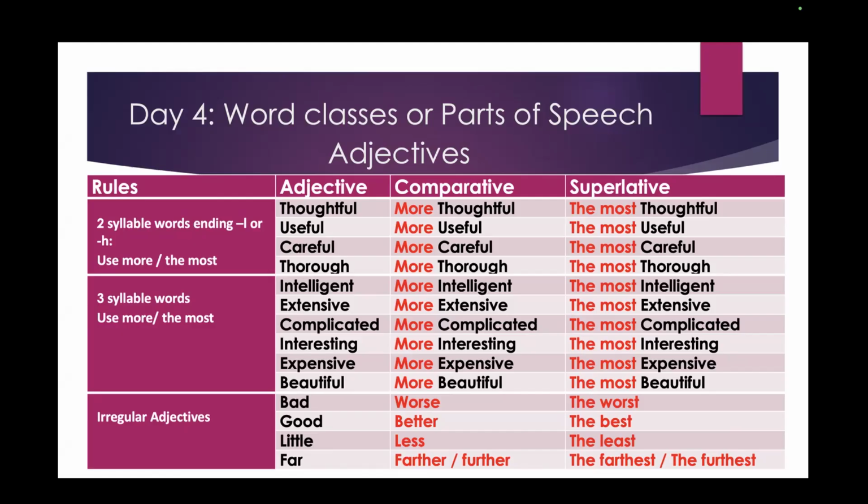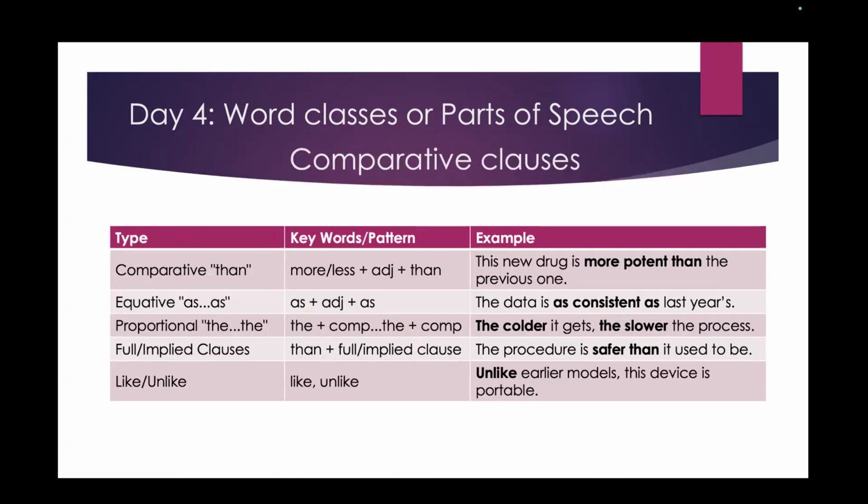And it will come to you that you have to use better, for example, if you're comparing two different things, and if you're comparing more than two and you want to say which one is the best, then you will use it. It will come to your mind intuitively. Okay.